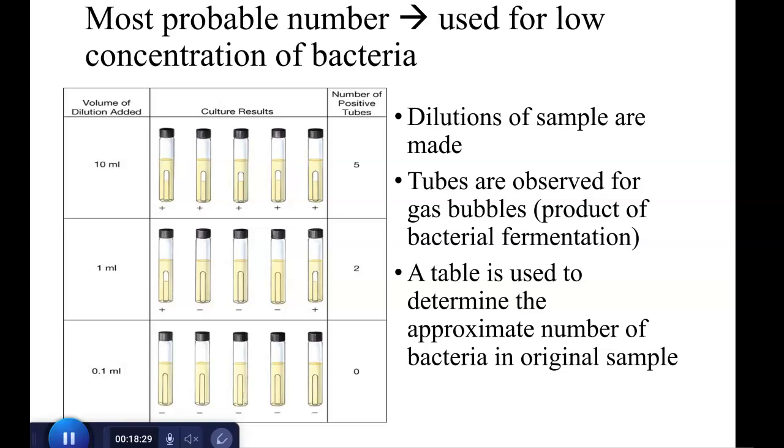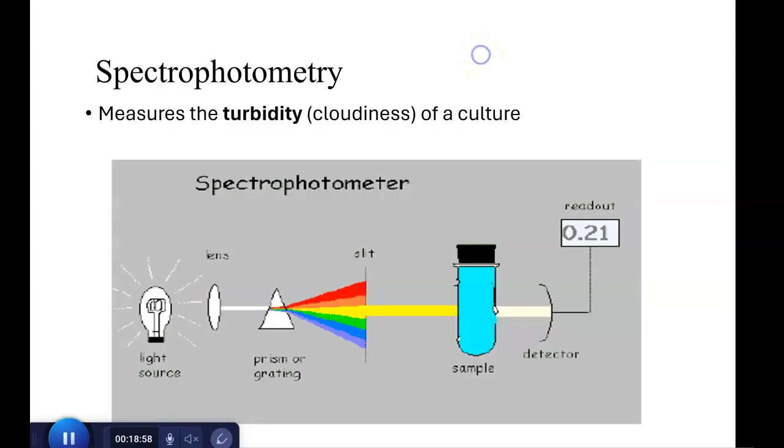So over a period of time, we could count the number of bubbles, and then look it up in a chart, and that would give us an estimate of how much bacteria was in that culture. We are going to be counting fairly large numbers of bacteria, and this is a more sophisticated setup, so we actually won't be doing this method. But if you wanted an estimate of some low numbers of bacteria, this is a test that you could do.